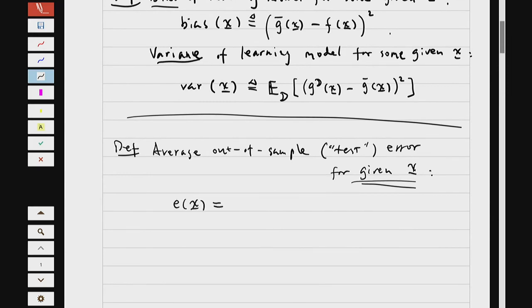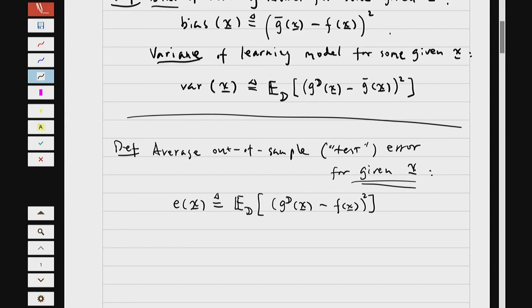Let's call it E of x. It corresponds to the error for a sample point that we have not seen before, so it has to be an expectation over the training data that we get, because this depends on our training result. Again, it's a squared error: your predicted label minus the true label.